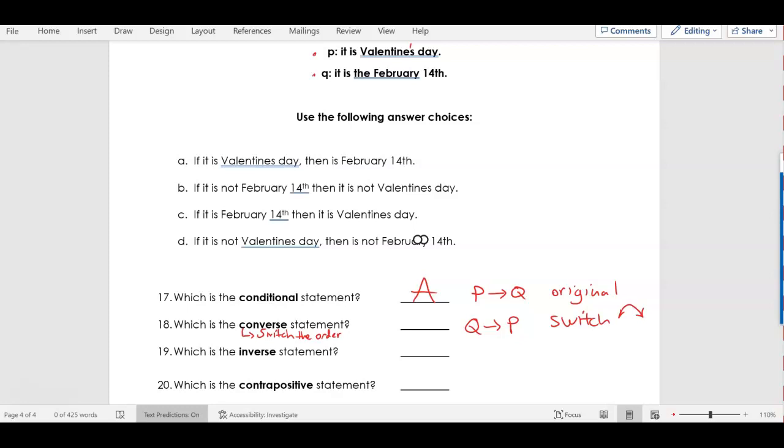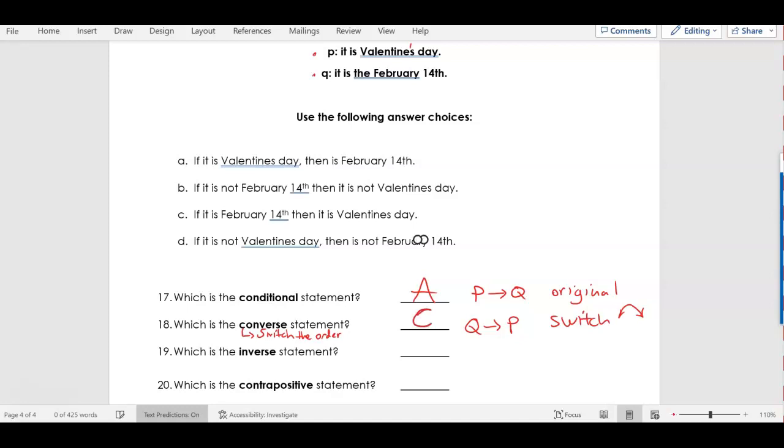So the beginning is now February 14th. That's the new hypothesis. And the new conclusion is Valentine's Day, but there's no nots. Nothing's opposite. Well, I think the best answer is going to be C. If it is February 14th, then it is Valentine's Day. That just switched the order. All right? So I'm going to write C right here.